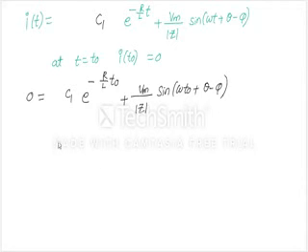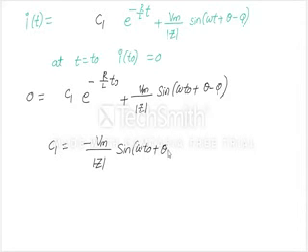From this, can I get C1? C1 is minus Vm by mod z into sine of omega t naught plus theta minus phi into e power R by L into t naught, as minus will become plus. So this is C1. From this, can I get a final expression now? I of t is minus Vm by mod z into sine of what?